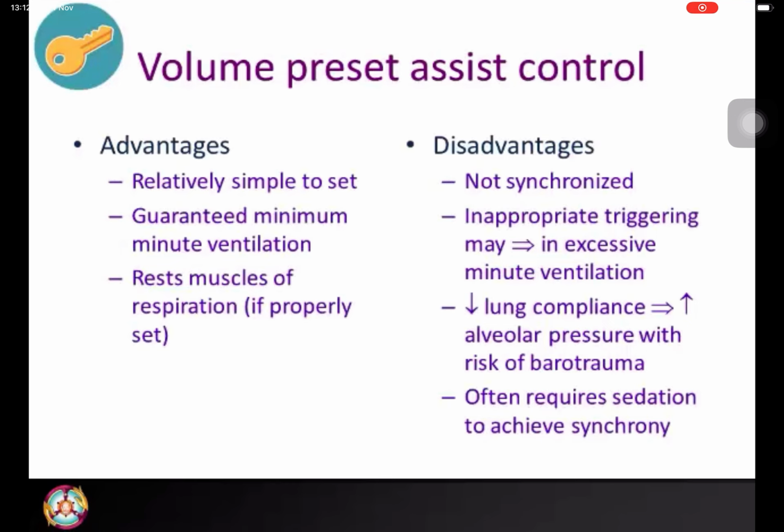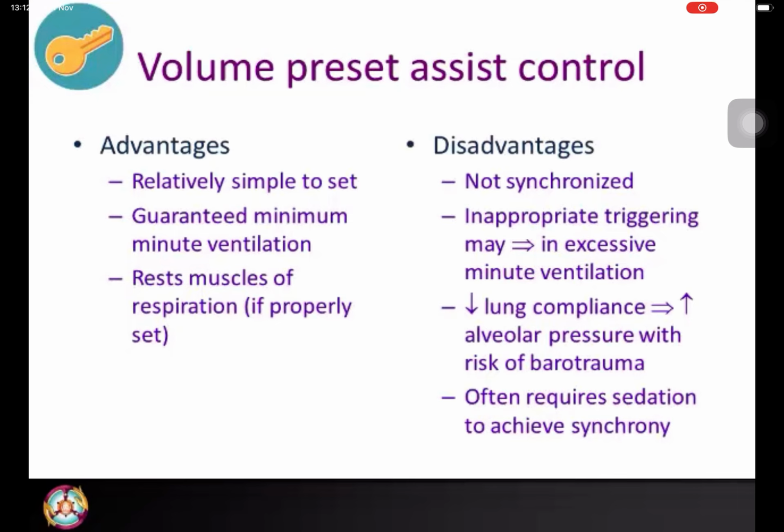The advantages of volume preset assist control are its relative simplicity; the tidal volume and minimum ventilatory rate are set, thus guaranteeing a minimum minute ventilation; and if properly set, it rests the muscles of respiration. The disadvantages are that it's not synchronized with the patient's breathing.